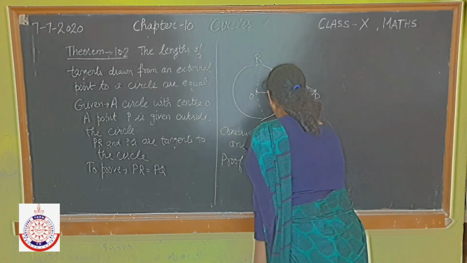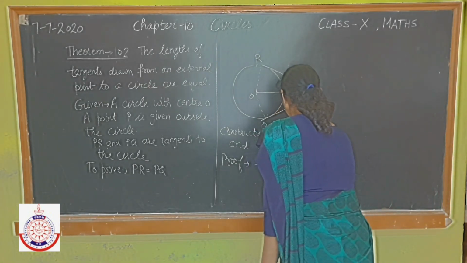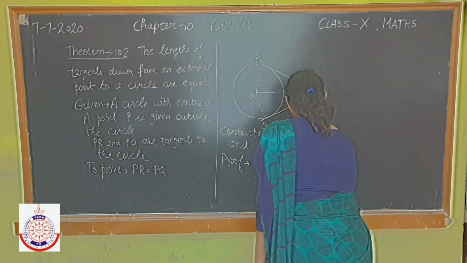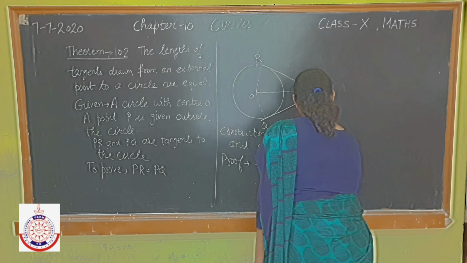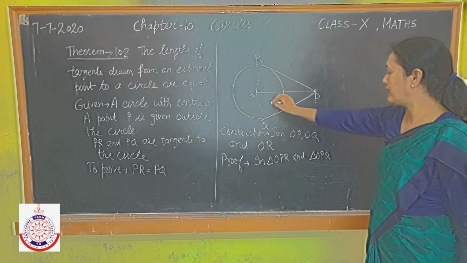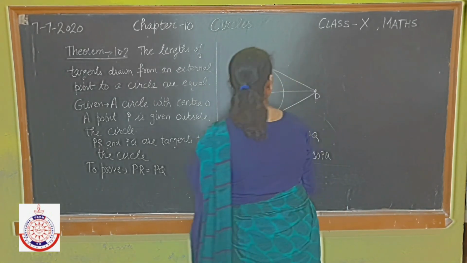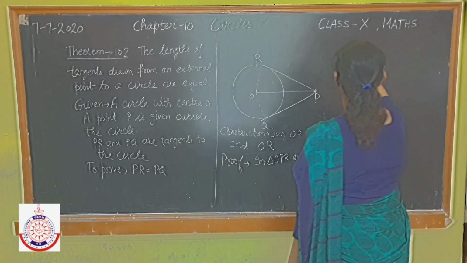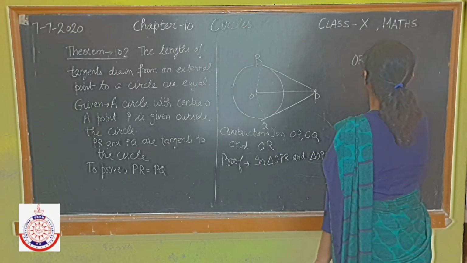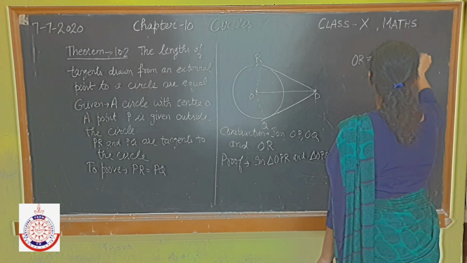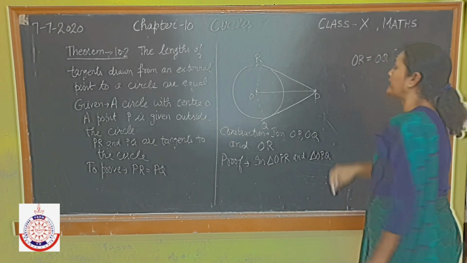In triangle OPR and triangle OPQ, this triangle and this triangle. Here, first thing, OR is equal to OQ. Radii of a circle are equal.